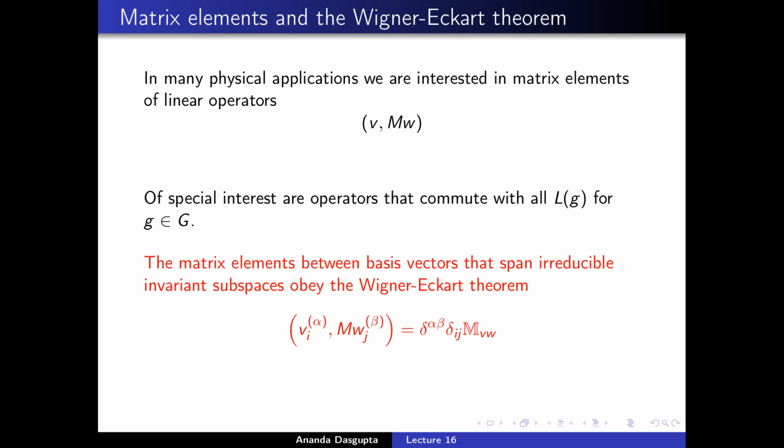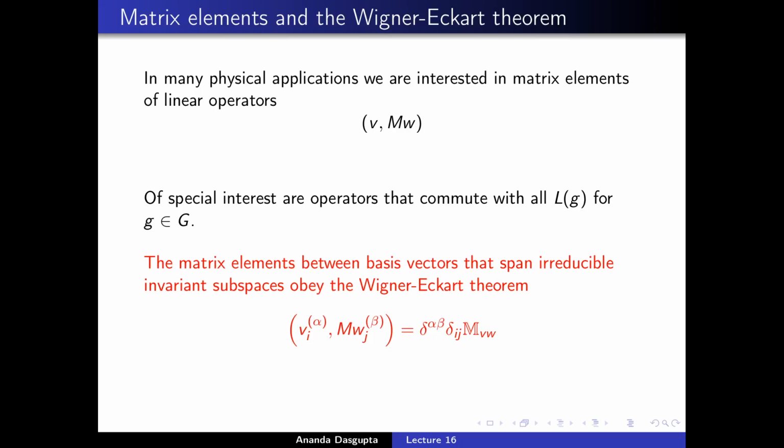So V alpha i may be one basis vector for one copy and W alpha i may be another basis vector, a different one, for a different copy. But as long as alpha is the same, that is, as long as the basis vectors mix in the same way among each other under the action of the group elements, and as long as you're talking about the same corresponding basis vector in both cases, you are going to get a non-zero value.